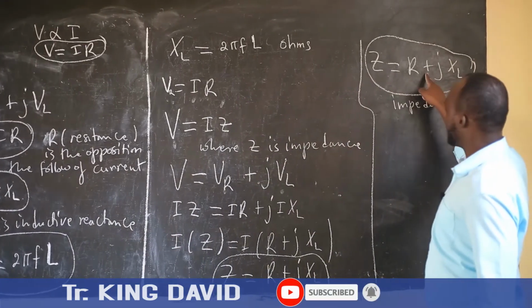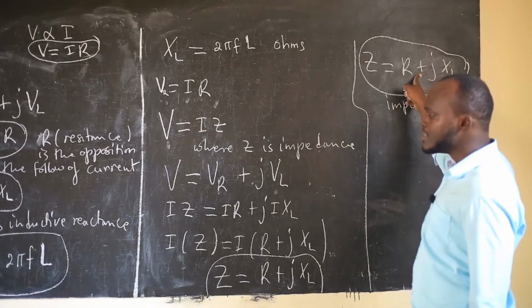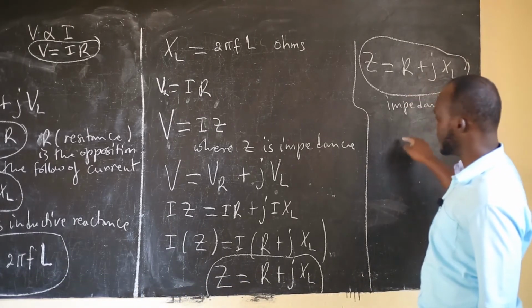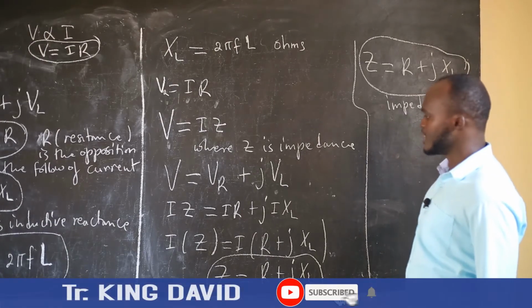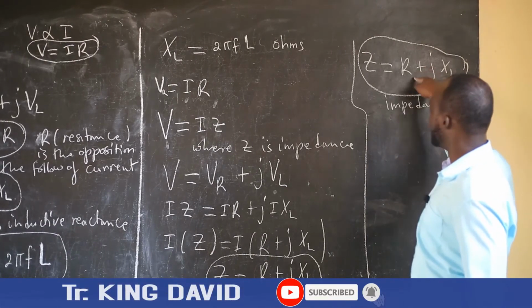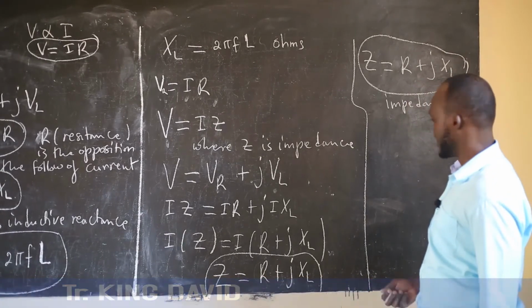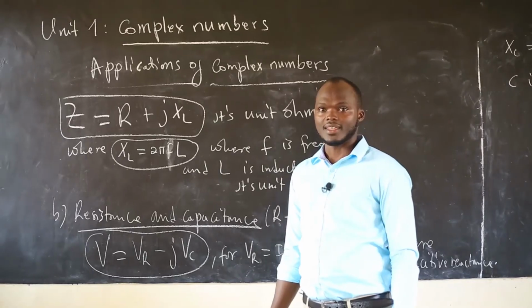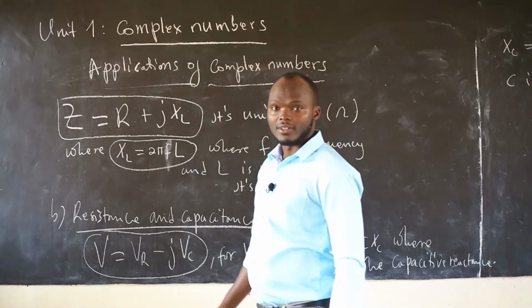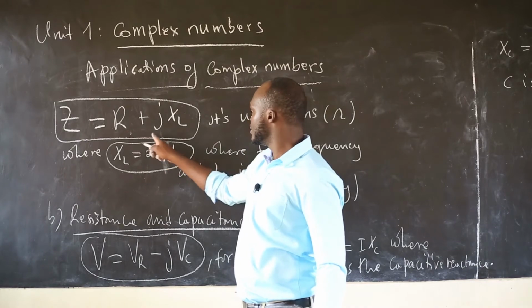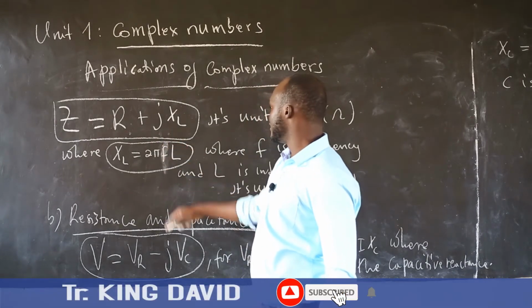When you find a negative, it means that you have capacitive reactance. Let us see how we have negative here, which means capacitive reactance.